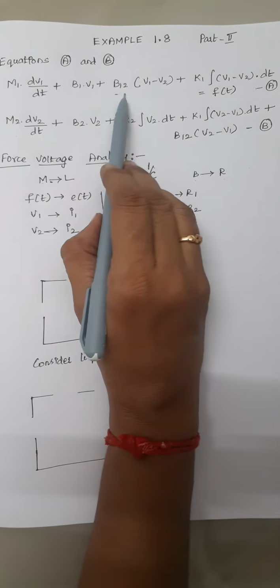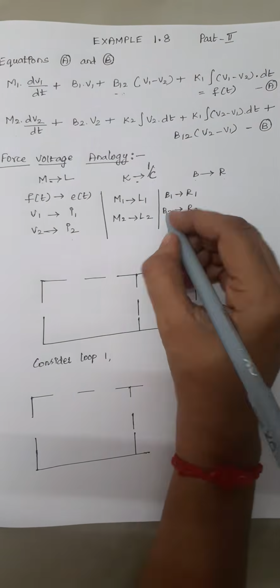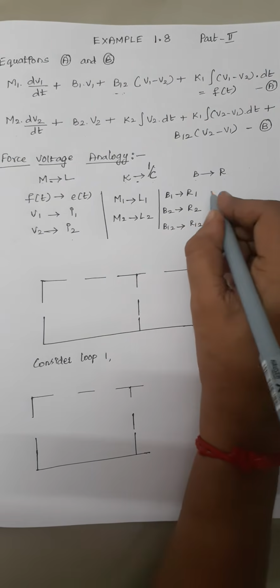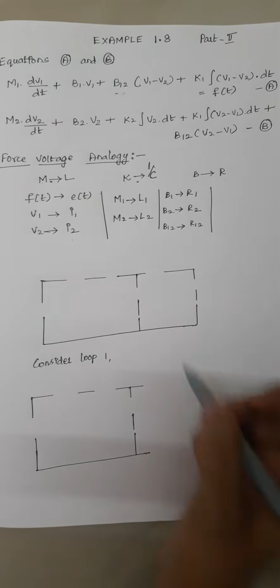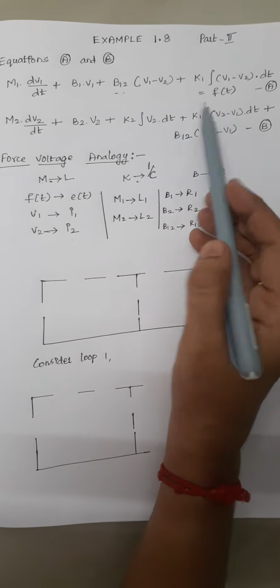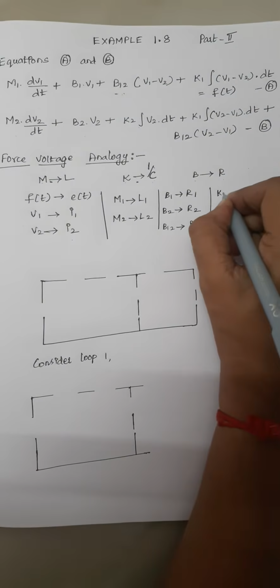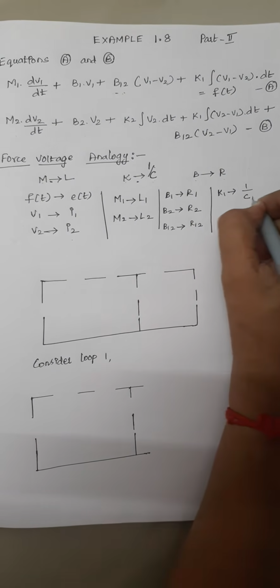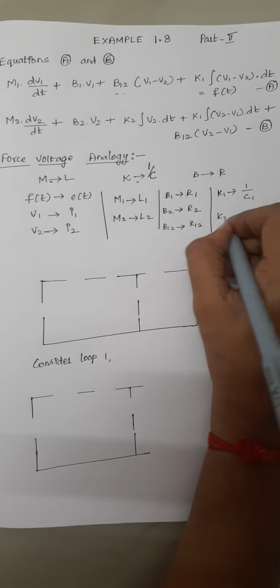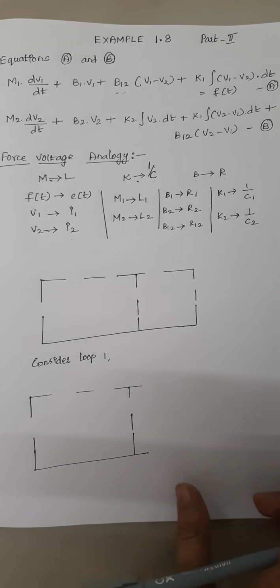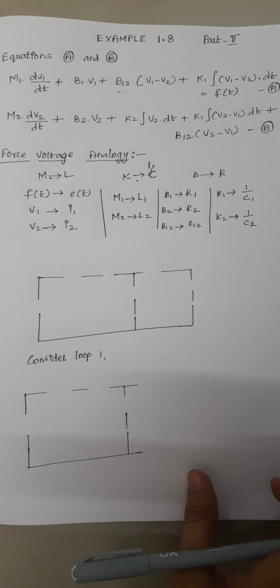Apart from that, we have B12, which is represented as R12. The next ones are K1 and K2. K1 is represented as 1 by C1 and K2 is represented as 1 by C2. Okay, hope you all are clear with this.